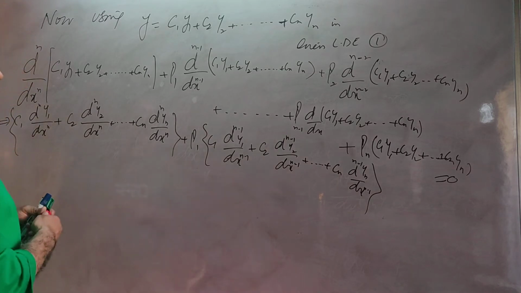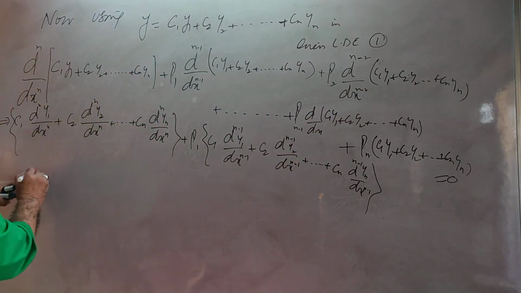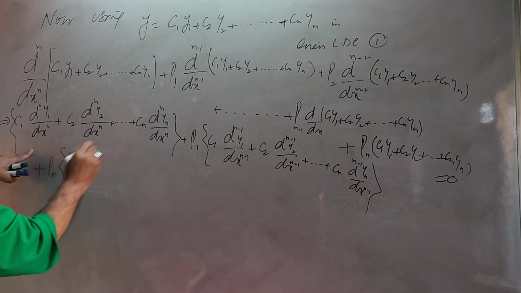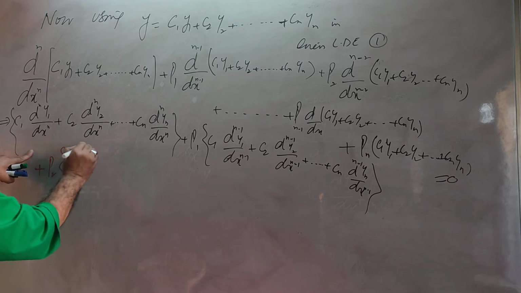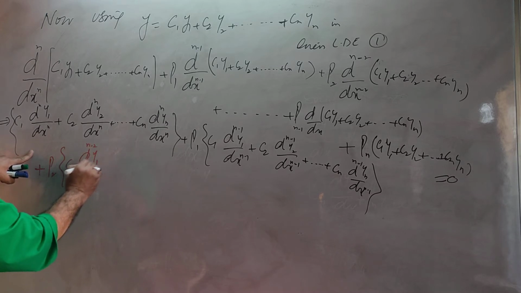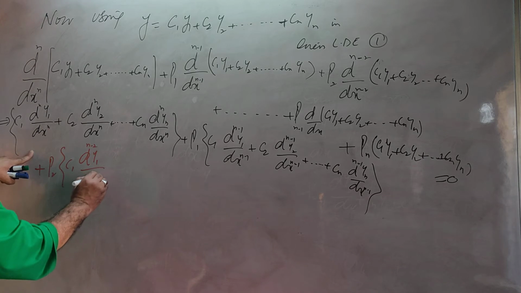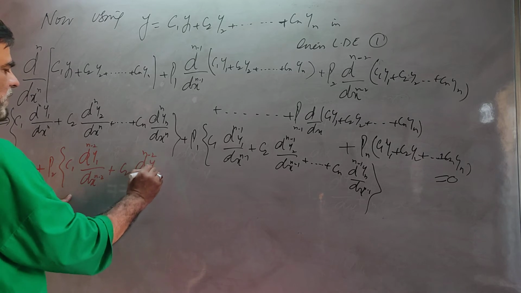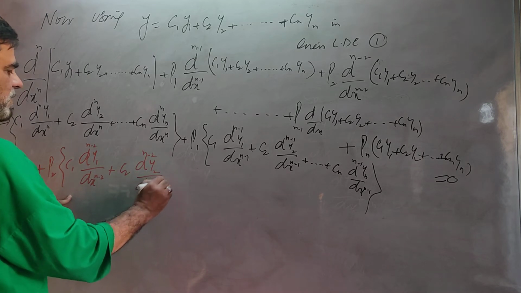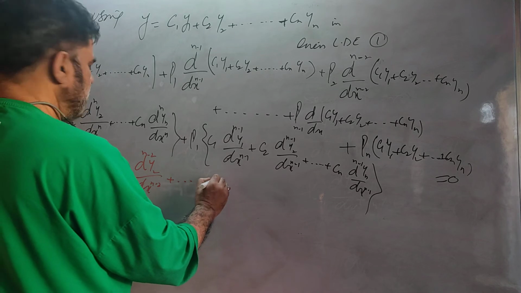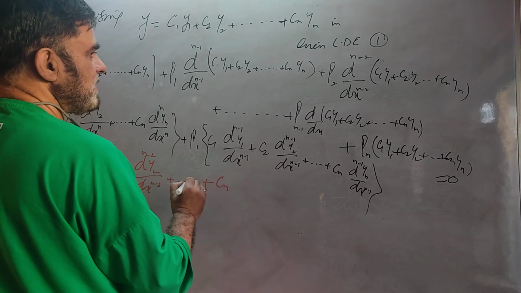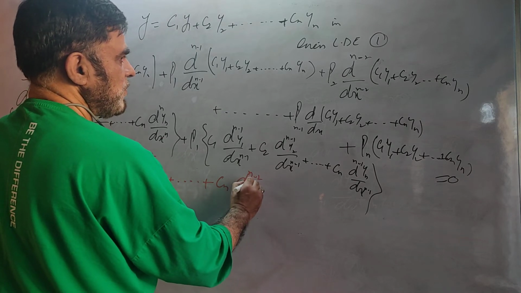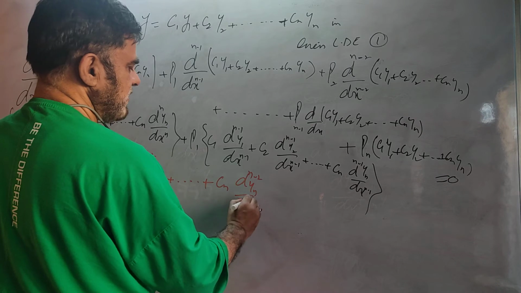Similarly, this term will be plus p2. How do you proceed? It is c1 d^(n-2) y1/dx^(n-2) + c2 d^(n-2) y2/dx^(n-2), and last here cn d^(n-2) yn/dx^(n-2).